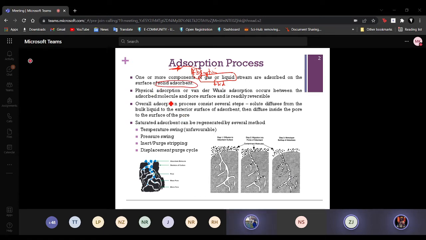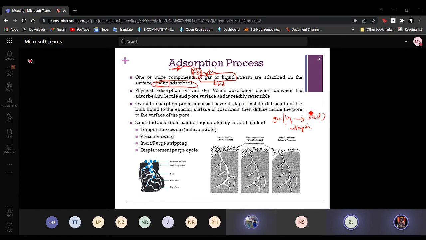So you know the interaction is between gas or liquid with solid. This is what we call adsorption. You have a component in the gas or liquid phase that is being adsorbed on the solid surface of the adsorbent.